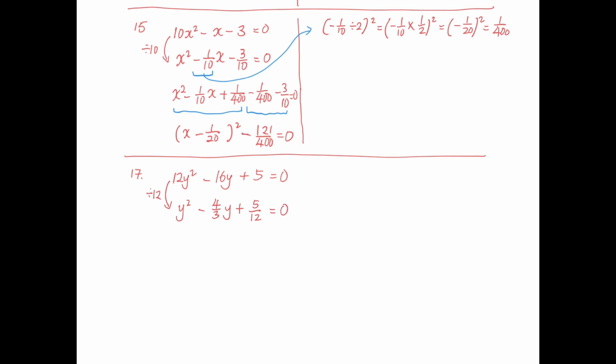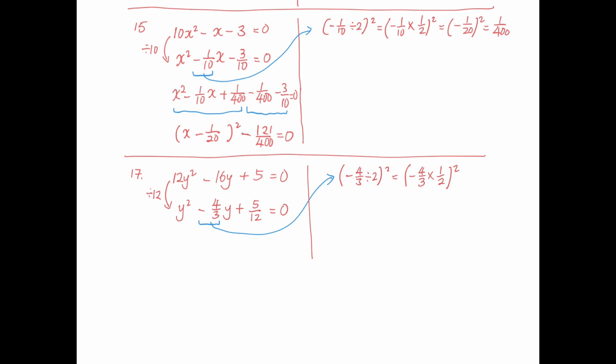Then we get this. And after that, we take the coefficient of the second term. We divide by 2. Okay, so minus 4 over 3 divided by 2. And you square it. So when you divide by 2, you have to times with 1 over 2.